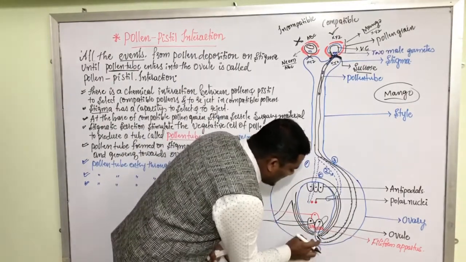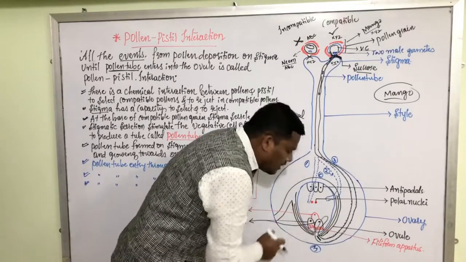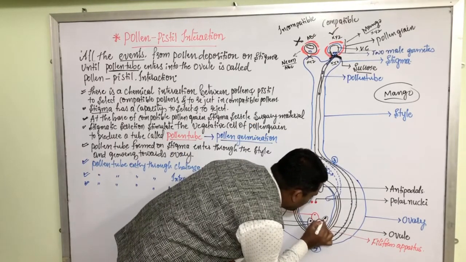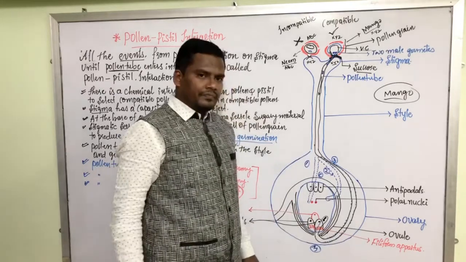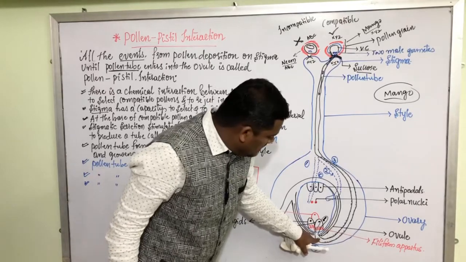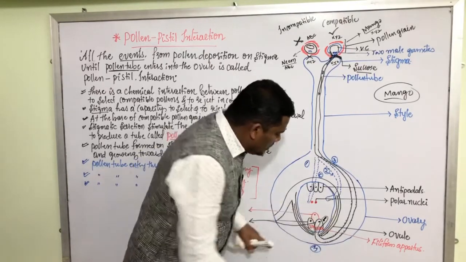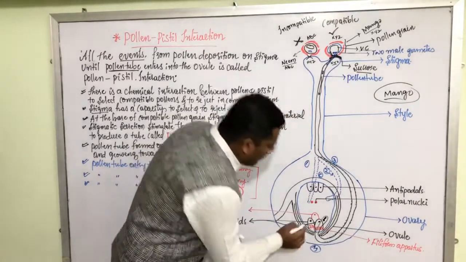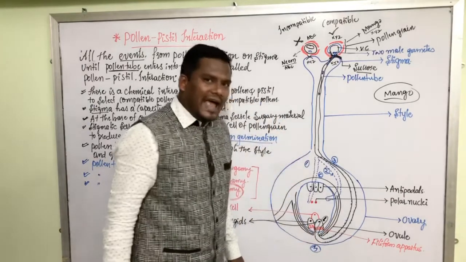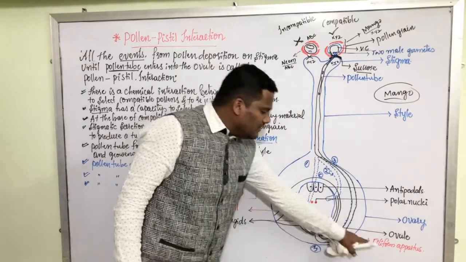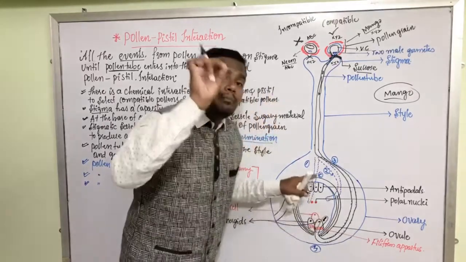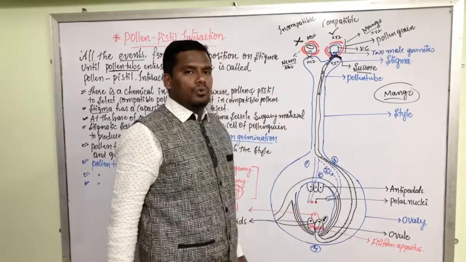Now, there is a complete entry of the pollen tube into the ovule. As there is an entry, these two male gametes are here now. That means the pollen tube has entered into the ovule through one of the synergids. The filiform apparatus of the synergidal cell guides the pollen tube so that it can enter into the ovule.